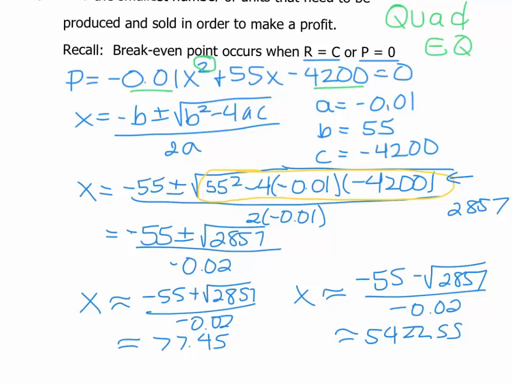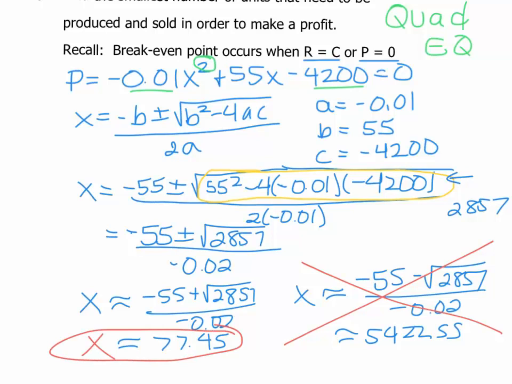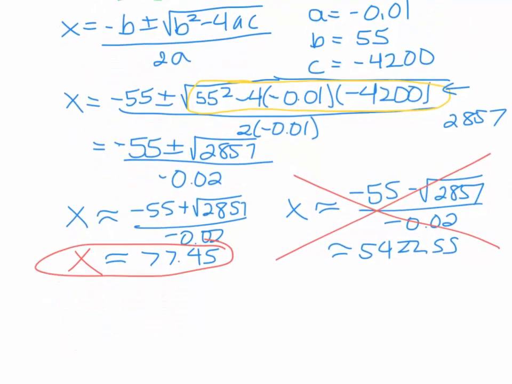Now, if you recall, at the beginning of the problem, they told us that our x, the biggest it could be was 1,000. So I know that this is not possible. And when I look at this value for my x, I know that I can't make 0.45 of a unit. So I need to decide, am I going to round down or am I going to round up? If I round down, then that would be having x be 77.